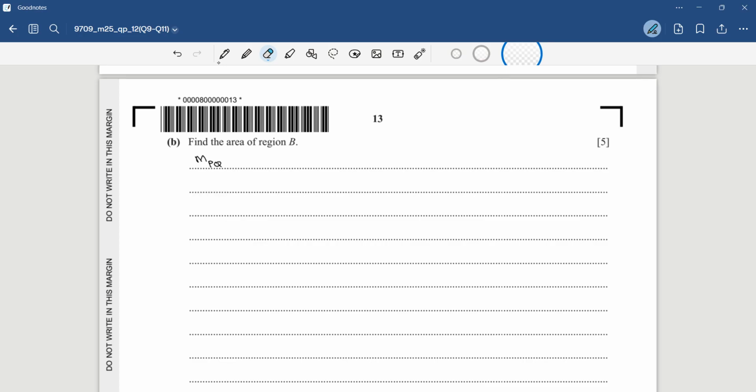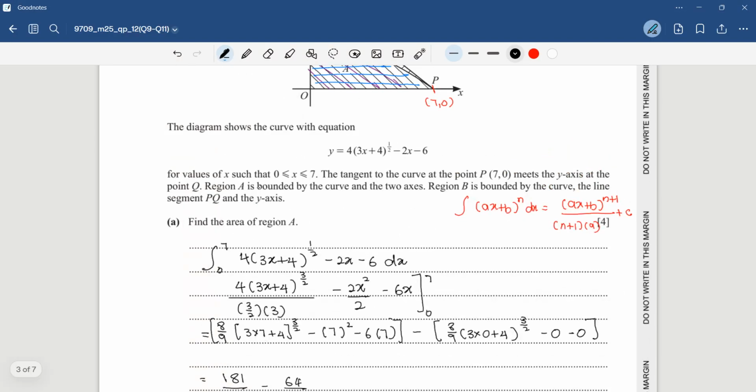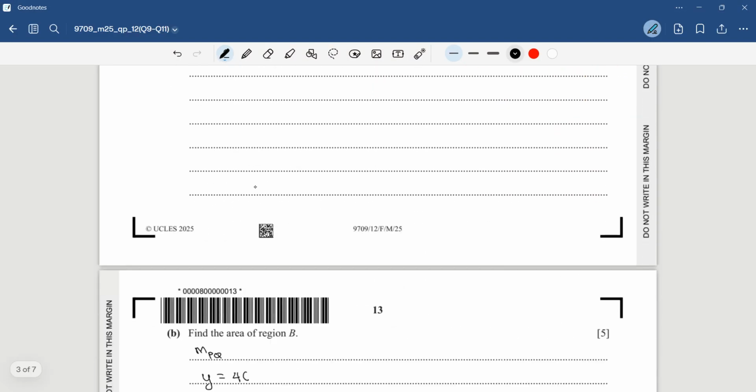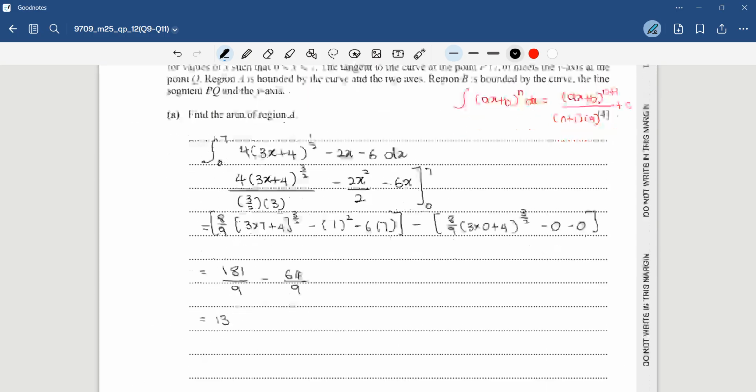So y is equal to 4 times (3x plus 4) to the power of half minus 2x minus 6. Let me check first. Yes, correct.